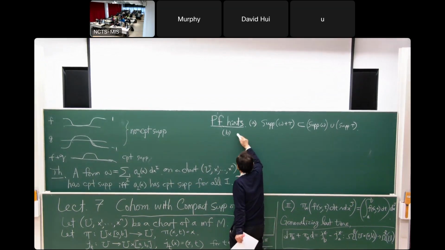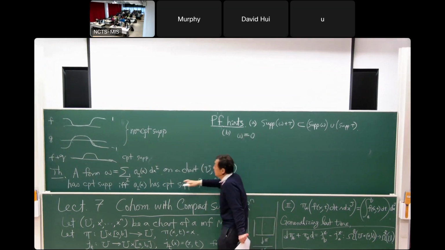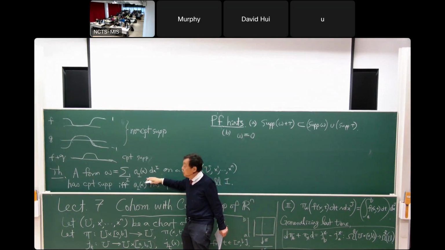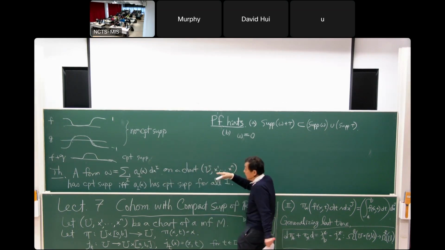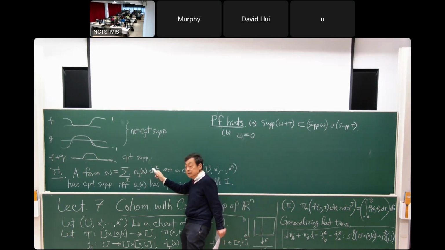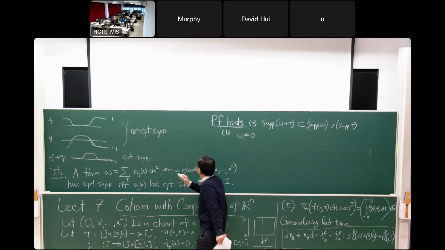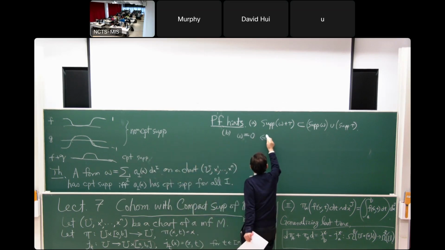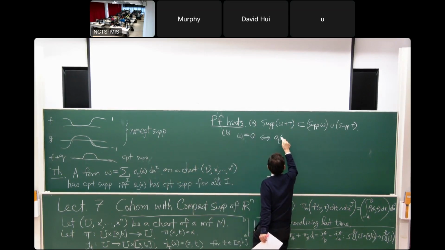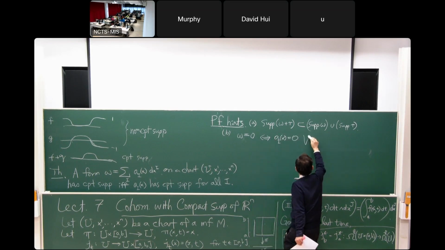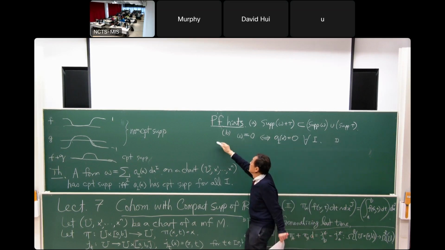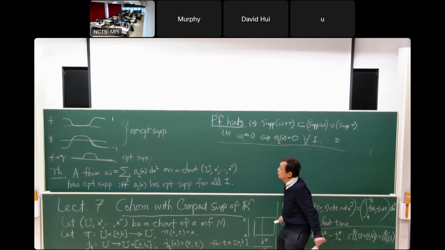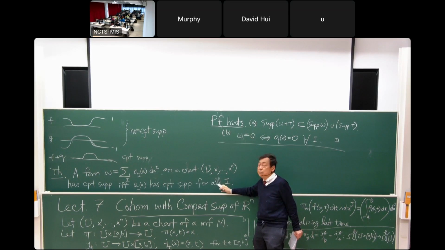And that means that if omega is 0, so if this sum is 0, then because the terms are linearly independent, all the terms have to be 0, right? Because the dxi's are linearly independent, if the sum is 0, all the coefficients have to be 0. So using these two hints, you should be able to prove the theorem.